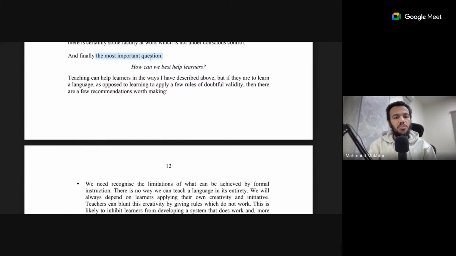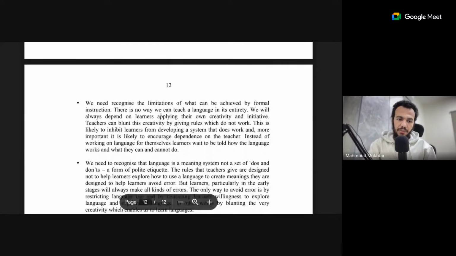And finally, the most important question: how can we best help learners? Teaching can help learners in the ways I have described above. But if they are to learn a language, as opposed to learning to apply a few rules of doubtful validity, then there are a few recommendations worth making.